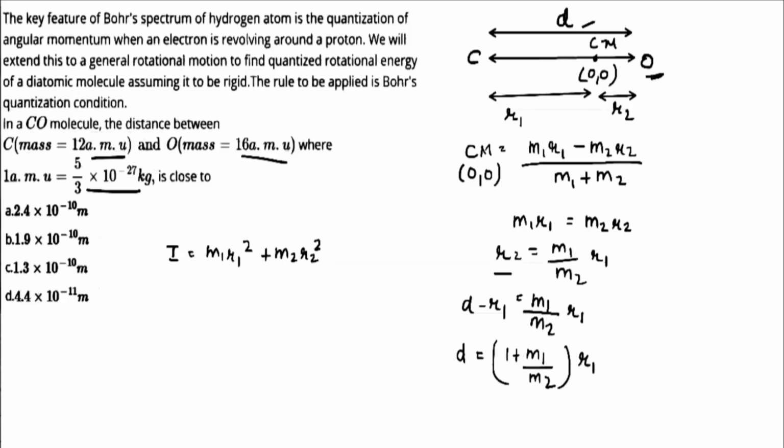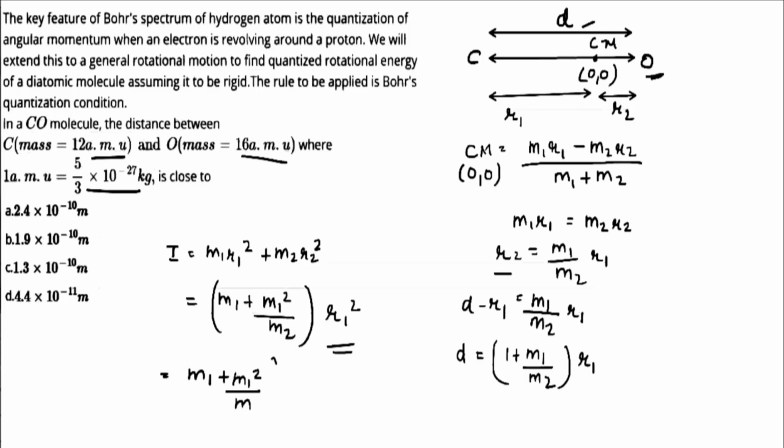That will be M1 plus M1 square upon M2 into R1 square. So by this equation we can write in term of D that M1 plus M1 square upon M2 upon M1 plus M2 the whole square into D square.